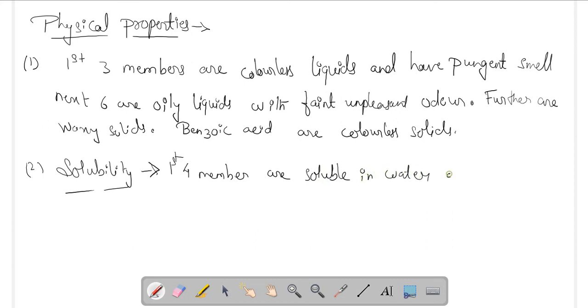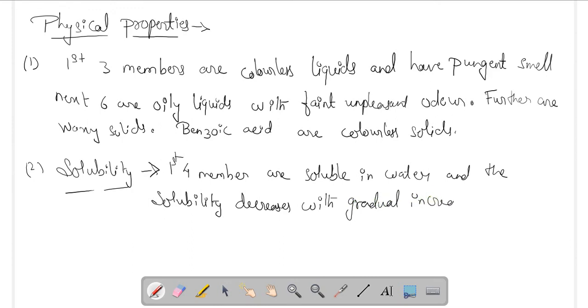And the solubility decreases with the increase in the number of carbon atoms in the molecule, with gradual increase in the number of carbon atoms.